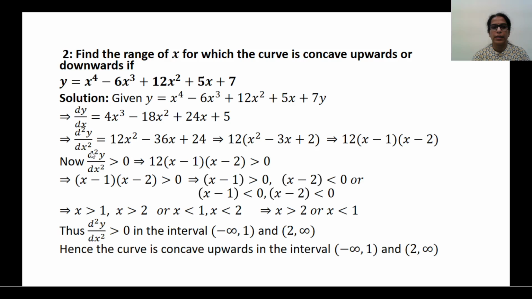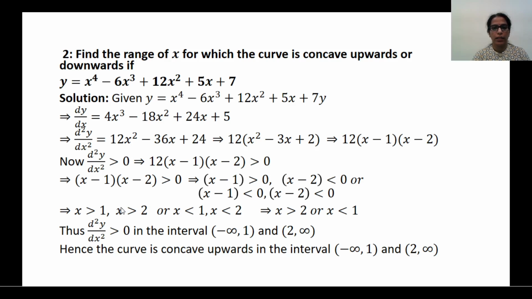Now consider d square y by dx square greater than 0. We know d square y by dx square is 12 into x minus 1 into x minus 2. This is greater than 0, which implies either x minus 1 greater than 0 and x minus 2 greater than 0, or x minus 1 less than 0 and x minus 2 less than 0.